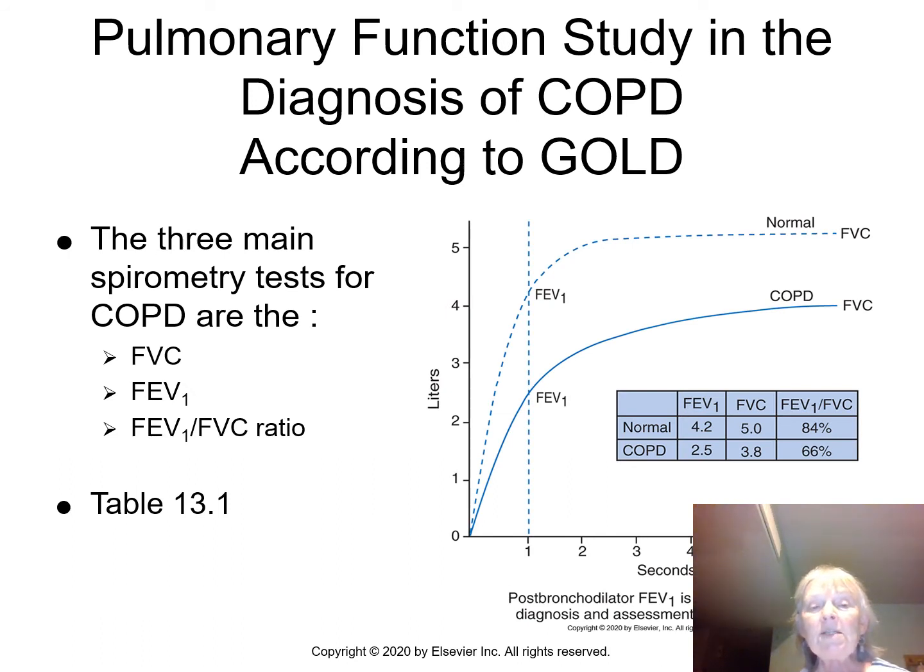So the three main tests we're going to do, the FVC, the FEV1, and the FEV1/FVC ratio. And as you can see over here, that little graph, I'm sure Tree showed these to you when you were doing cardiopulmonary diagnostics, the different graphs that we see with patients who have normal lungs, restrictive lungs, and with obstructive disease.